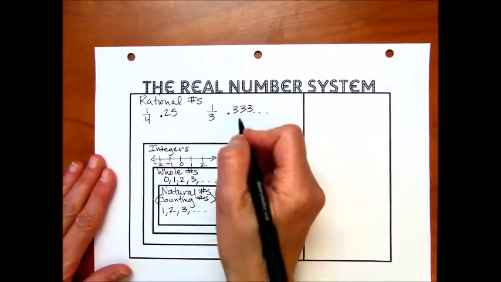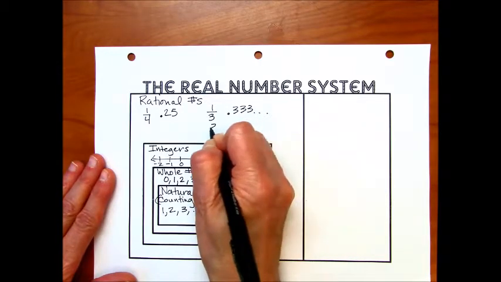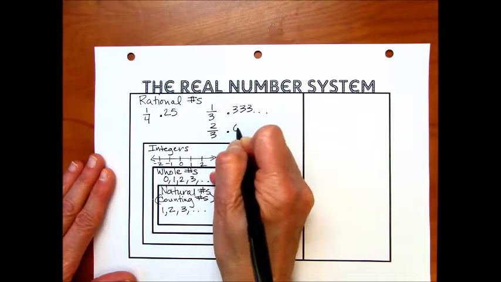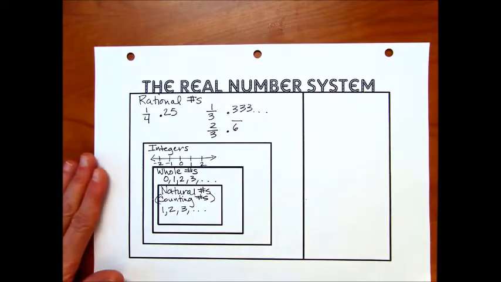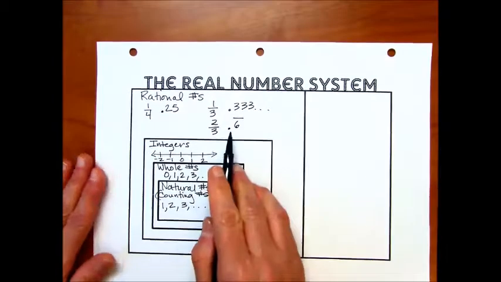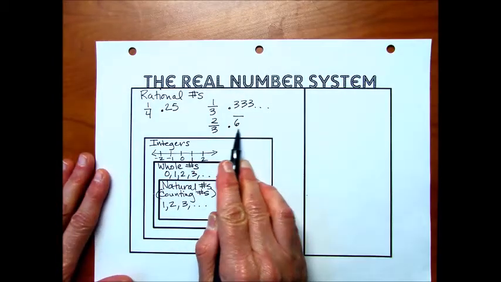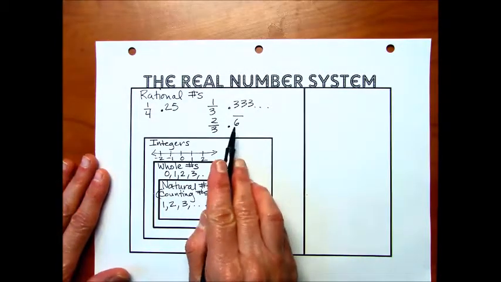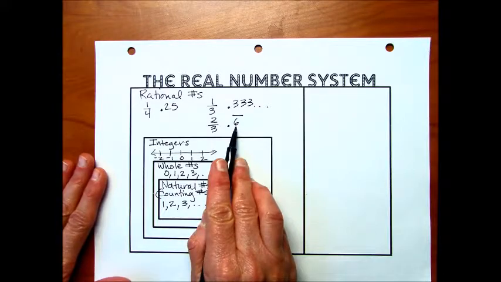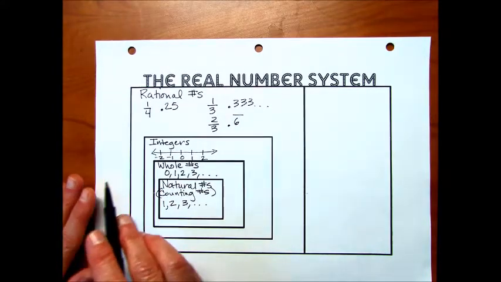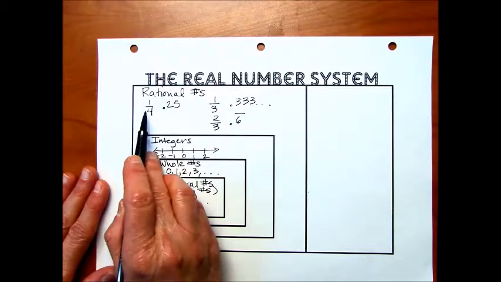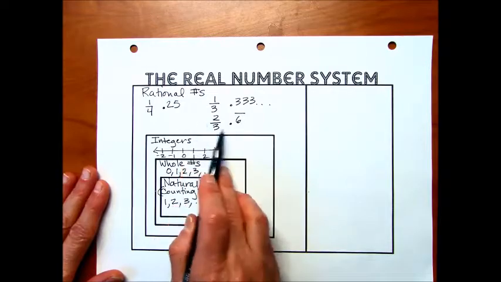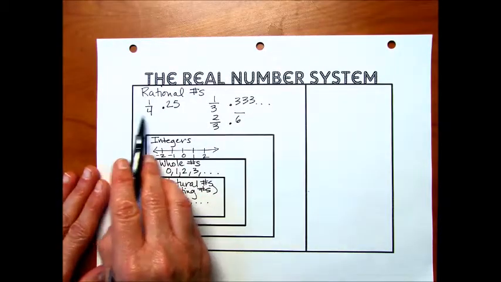Or you might have a number like 2/3, which we might represent as 0.6 with a line above it. That represents a repeating or recurring decimal. It's going to keep going and follow this pattern, just repeating the 6s. So we can have fractions or decimals, terminating or repeating, and we can also have positive and negative.